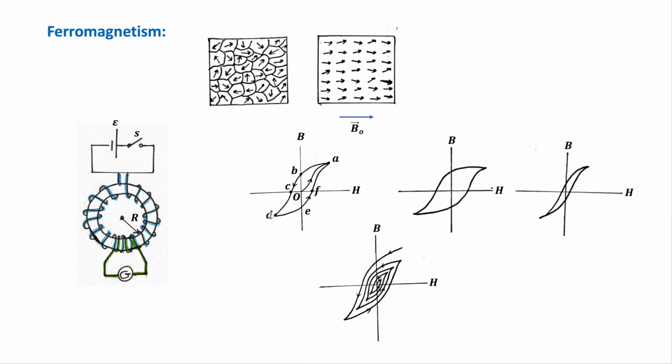And if the current is again decreased to 0 and then increased again in its original direction, then the magnetization curve follows the path DEF. And if the current is increased sufficiently, then the curve will reach the point A again, which is a point of saturation.